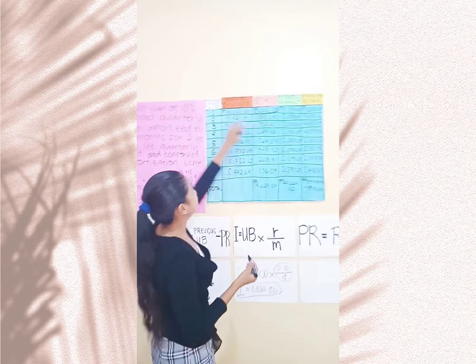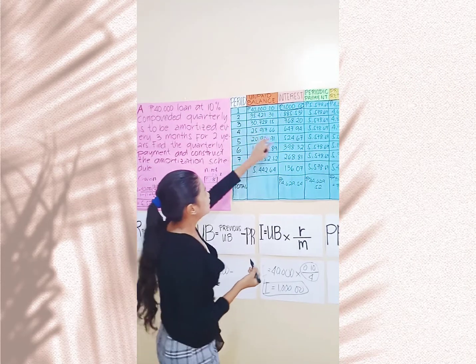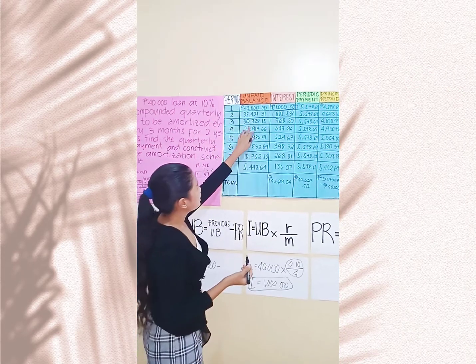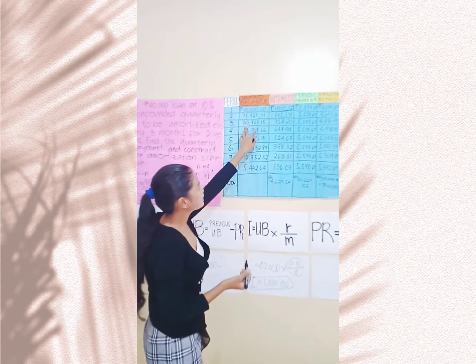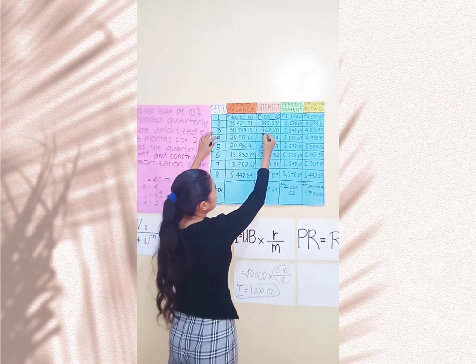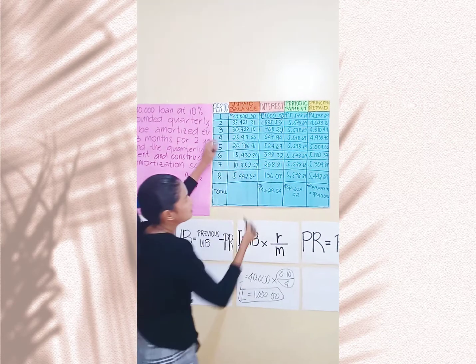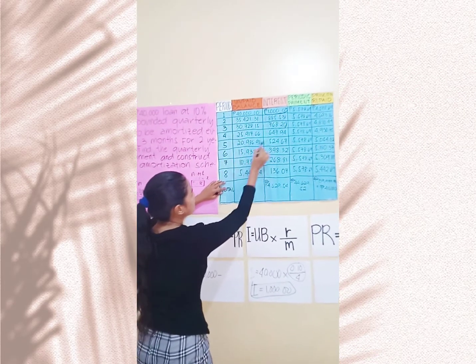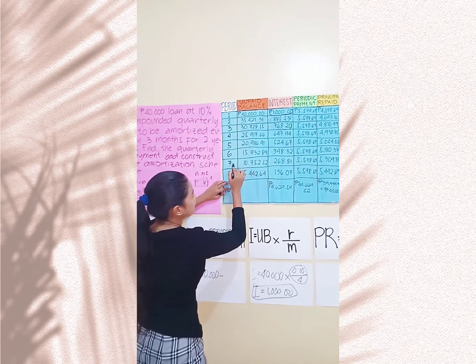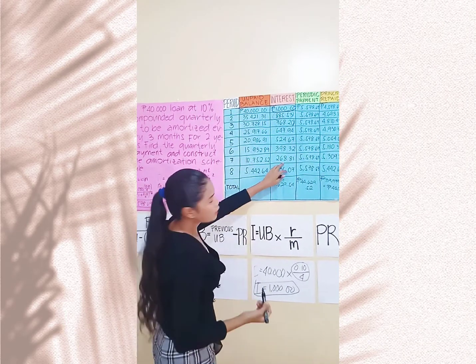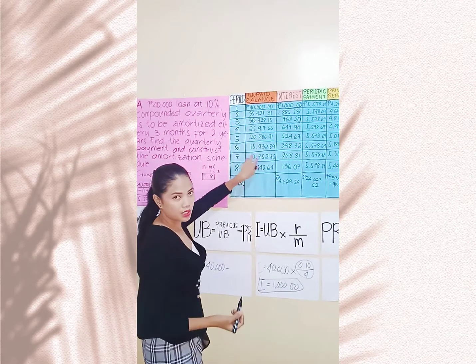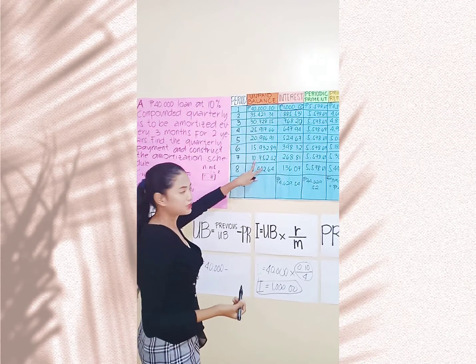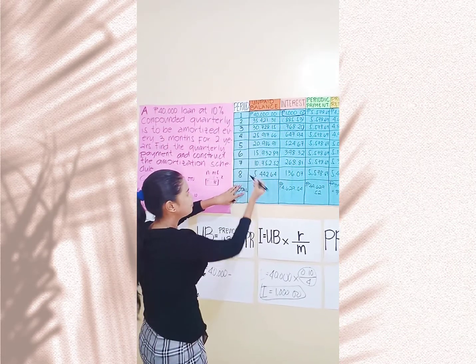That is the interest on the second period. And same on the third, with its unpaid balance, the result is 768.20. And same as these periodic payments, the interest will be obtained by multiplying the unpaid balance by the rate in each period.